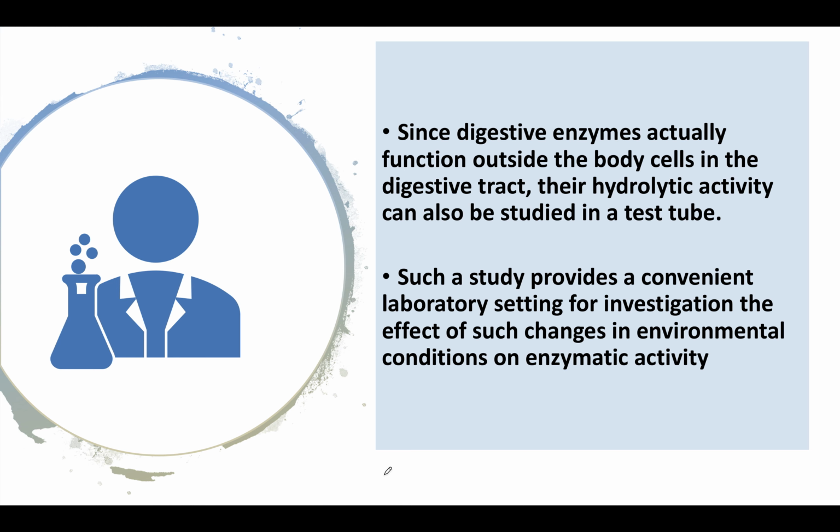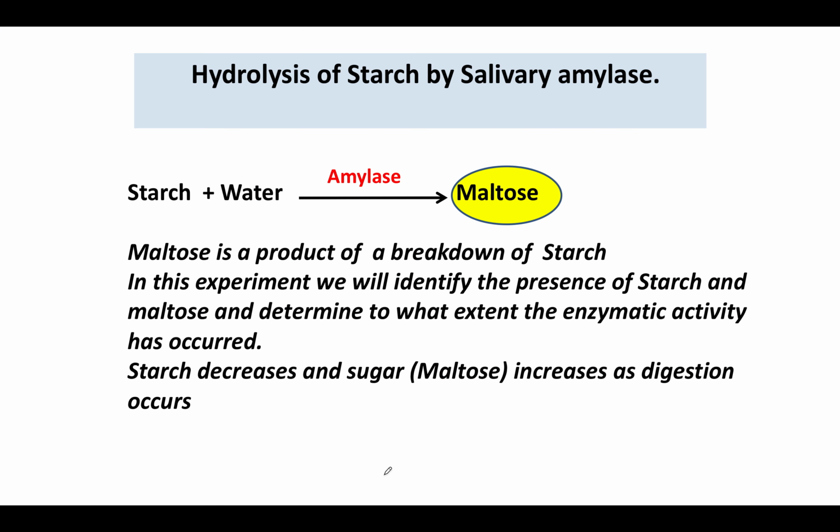So, let's go into our experiment. In the experiment, we're going to take starch and water together with the enzyme amylase, and we're going to see if maltose has been produced.